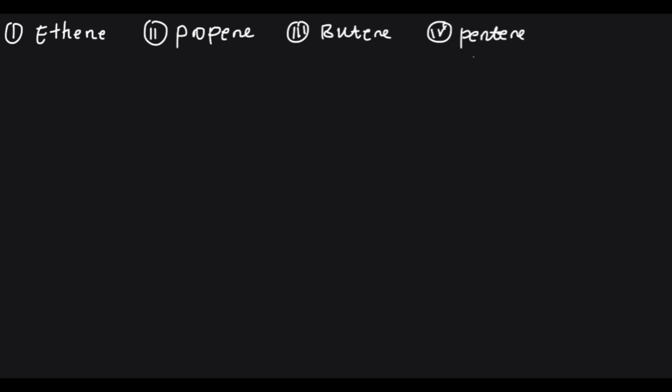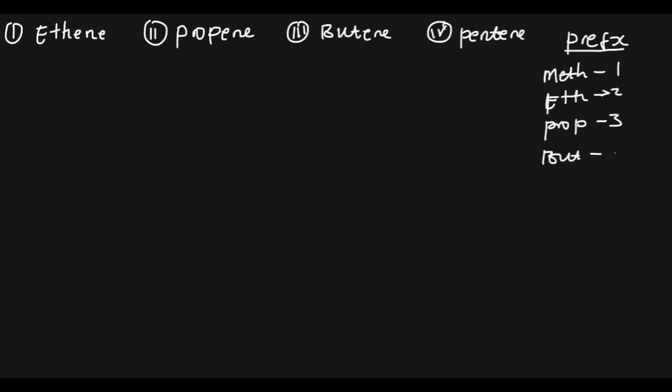Now from there, we need first to have this in mind. There is what we call the prefix. The prefix helps us to identify the number of carbons a molecule has. So we'll begin with meth. Meth has one carbon. Eth has 2 carbons. Prop 3 carbons. But 4.